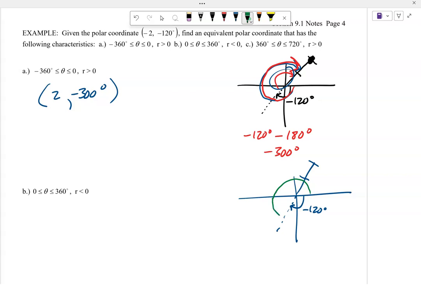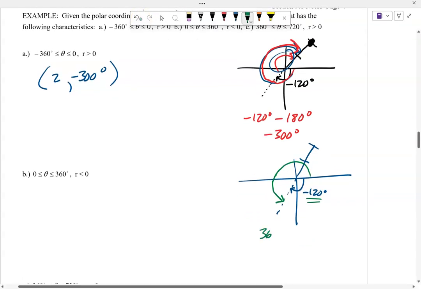So I got to go to here, so that the r flips it over to the other side, right there. So it's all but 120, right? All the way around is 360, but I don't want 120 degrees of that. So all but 240 degrees, right? Would be this green.